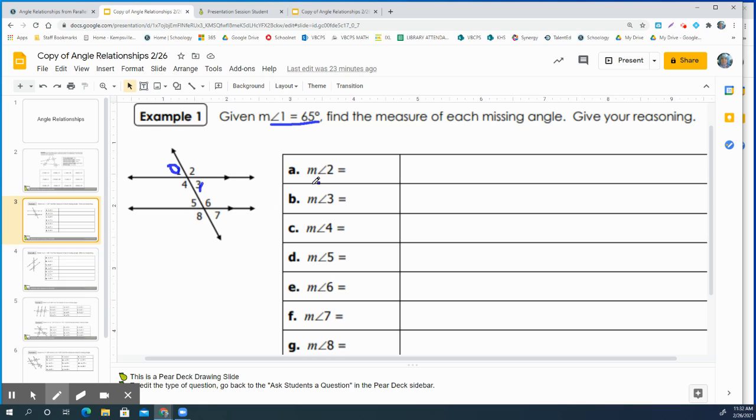So angle 3 is also going to be 65. What is corresponding to angle 1? Angle 5. So angle 5 is also going to be 65. What's vertical to angle 5? 7. So angle 7 is also going to be 65.